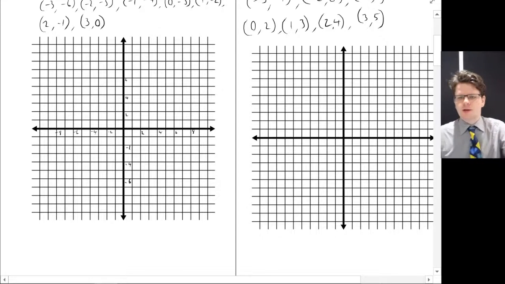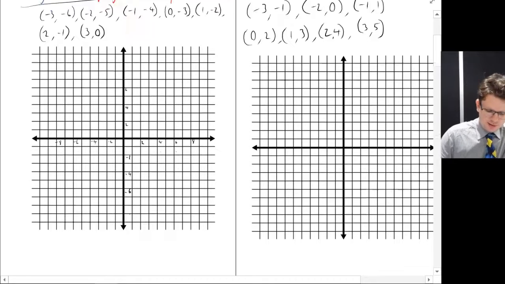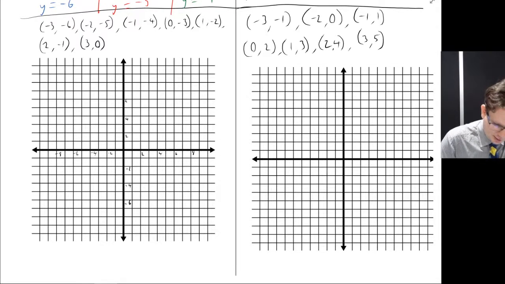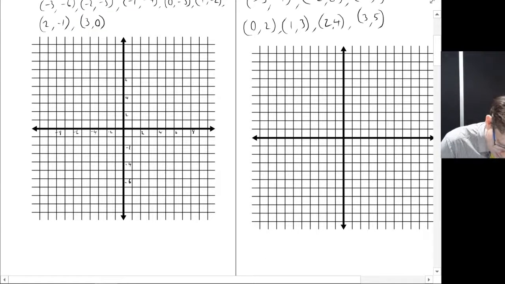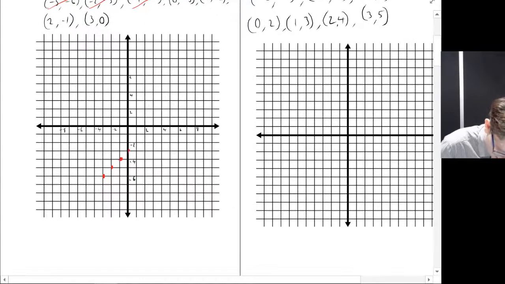Alrighty. So now I've set up my axes and I'm going to start plotting these points. So let's go. So there's my first point, my second point. Alrighty, and we'll notice now that they're starting to line up in a line.